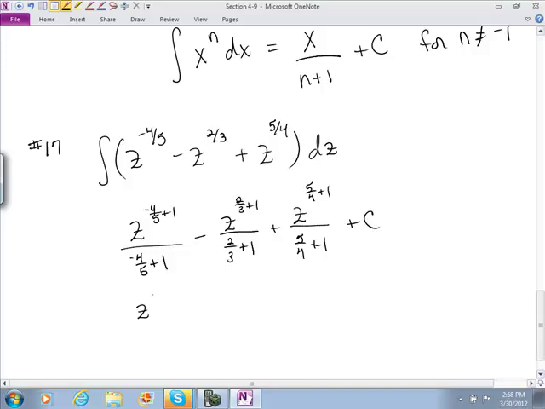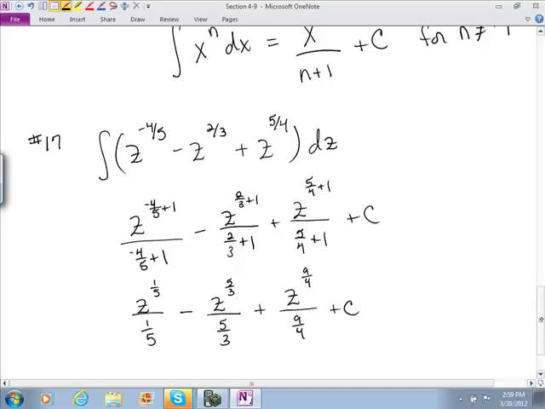So you're going to have z to the 1/5 divided by 1/5, minus, 1 here could be thought of as 3/3, so that's going to be z to the 2/3 plus 3/3 is 5/3, divided by 5/3. And then here you can think of that as 4/4, so this is z to the 9/4 divided by 9/4, plus c.